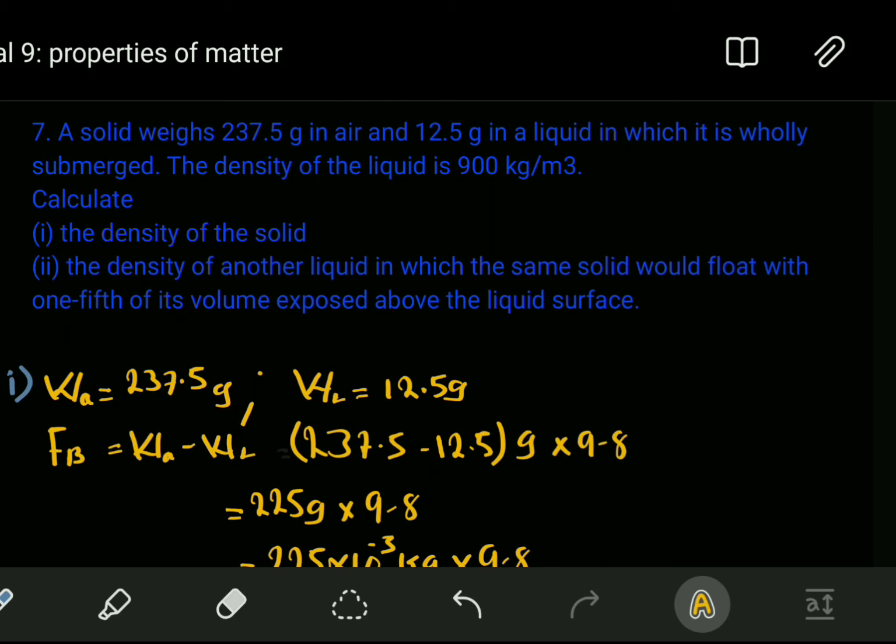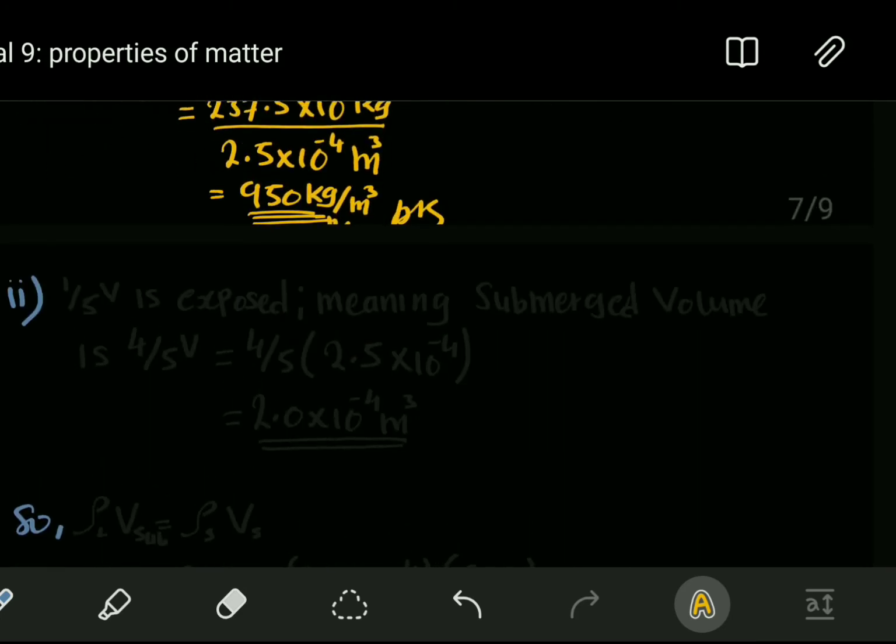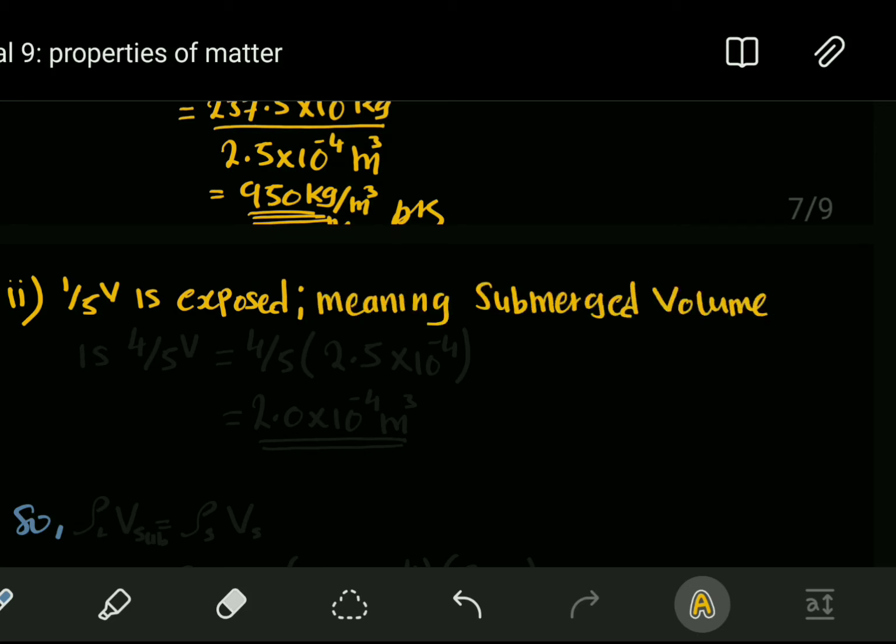Okay, so we go to the second part of the question, which requires us to find the density of another liquid in which the same solid would float with only 1/5 of its volume exposed above the liquid surface. Okay, so here this means that 1/5 of this volume is exposed above the surface, meaning that the submerged volume is simply 4/5 times the original volume.